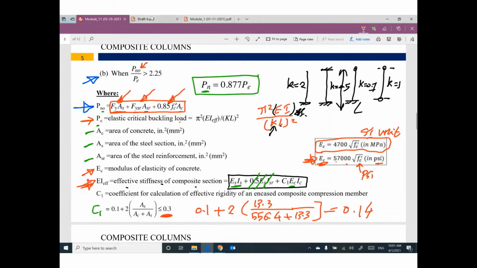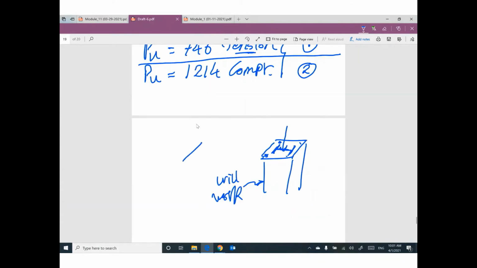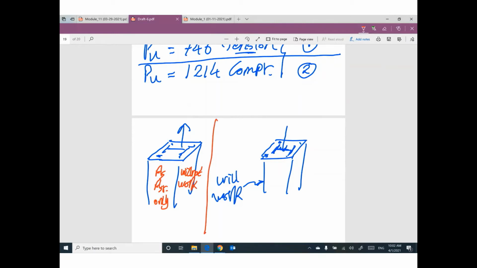But if the column is under the effect of tension, no, we have only area steel and area steel reinforcement only, because concrete will not work. Does that make sense?